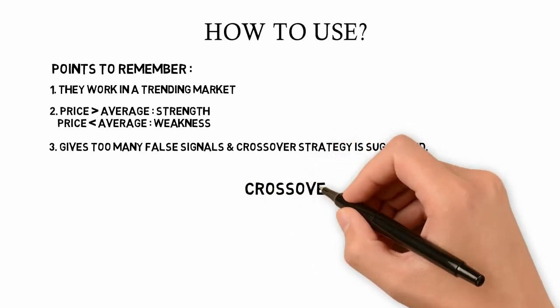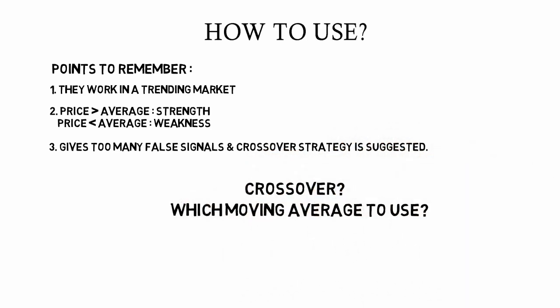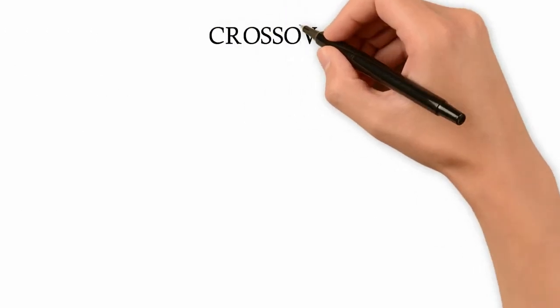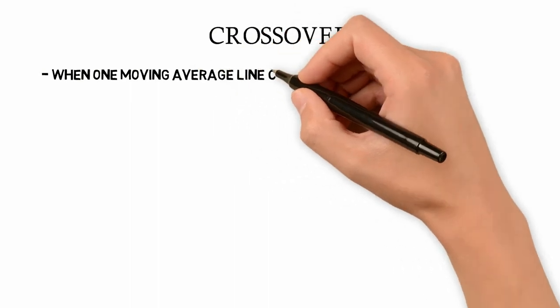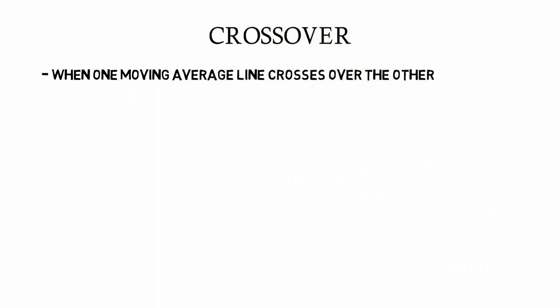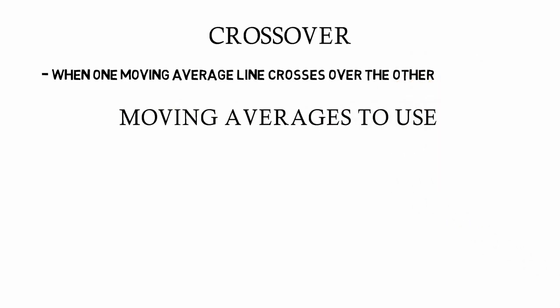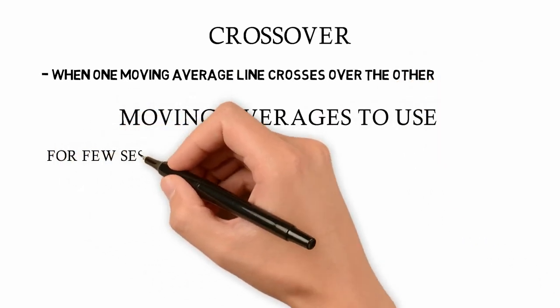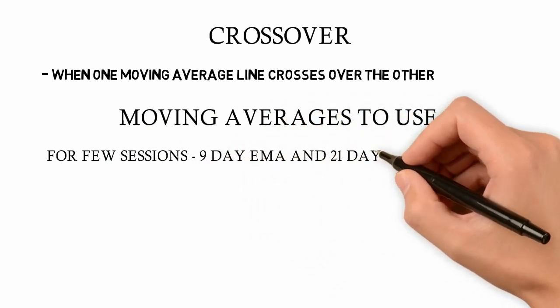So, what is crossover? And which moving averages to use? Crossover means one moving average line crosses over or cuts over the other moving average line. And, the moving averages to use are: for trading in few sessions, 9-day EMA and 21-day EMA can be used.